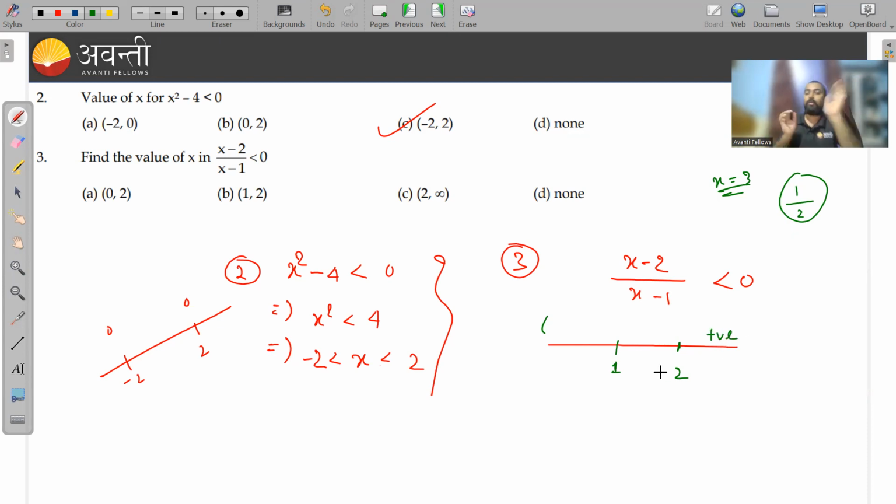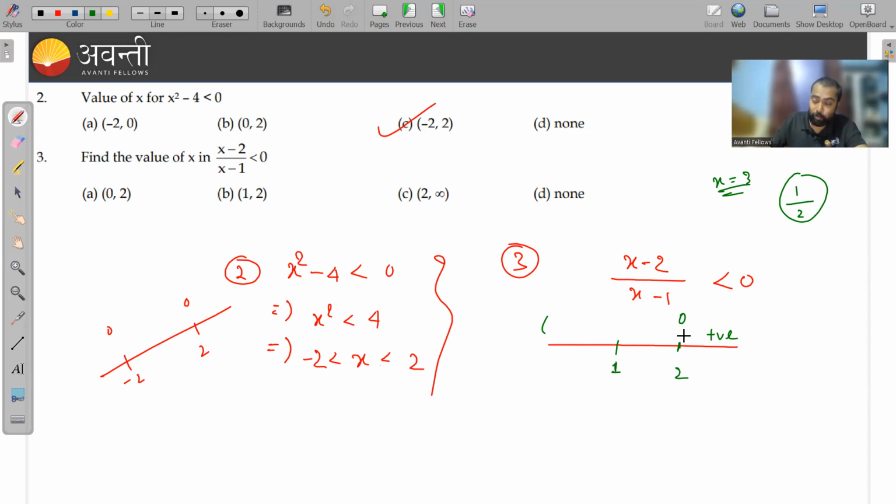So when x is greater than 2, we are getting positive values. But in the interval, we need only the negative values. Now I'm asking, at the point x is equal to 2, my left hand side becomes 0, but we need only negative values, right? So that's why I'm giving here a hollow circle, because it is excluded.